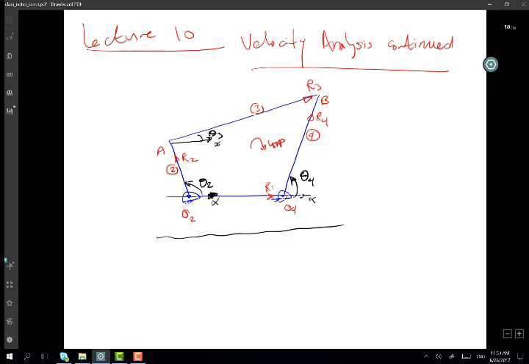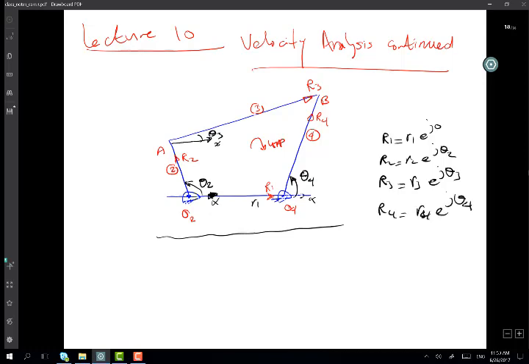Now, my vectors: R1 is fixed length R1 at angle 0, R2 is fixed length R2 at angle theta 2, R3 is fixed length R3 e to the j theta 3, and R4 e to the j theta 4.